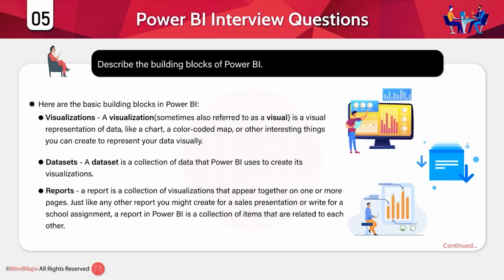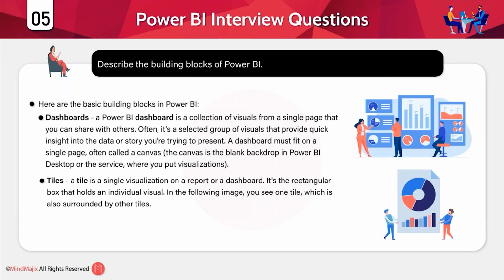It could be in different tabs for different viewing purposes. The entire report may consist of one organization, and this report is nothing but a combination of various visuals that you put across on a Power BI tool. Right. So these are the three main building blocks of Power BI. One should always be aware of it.